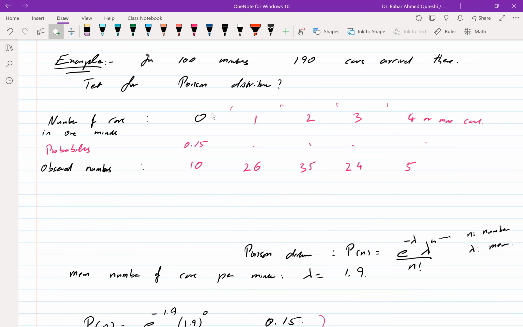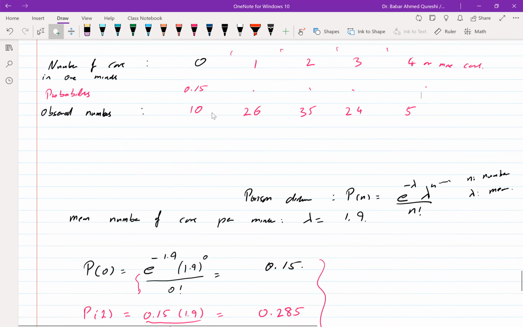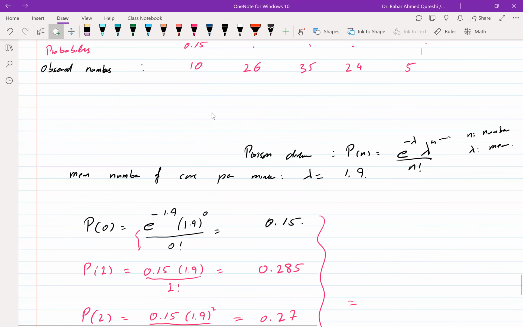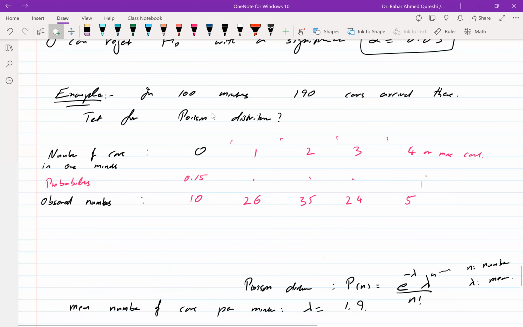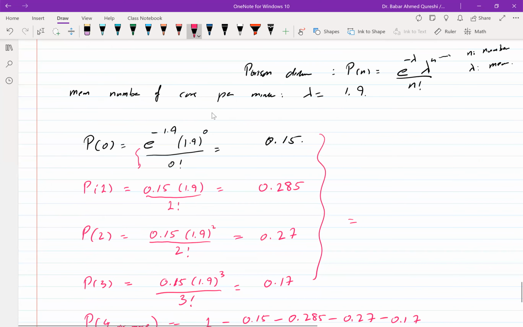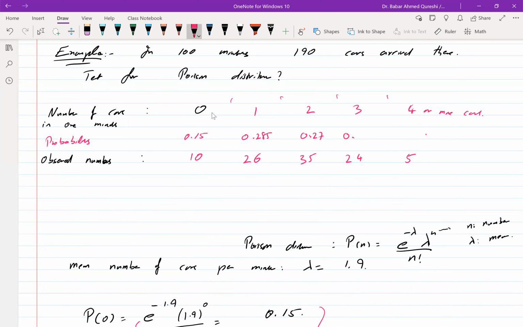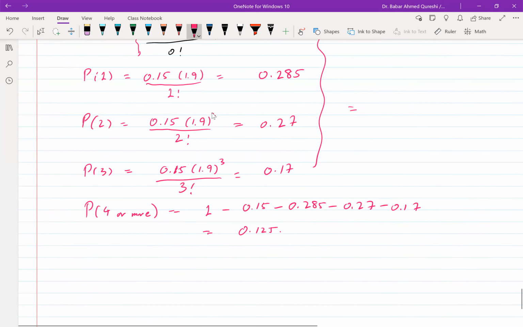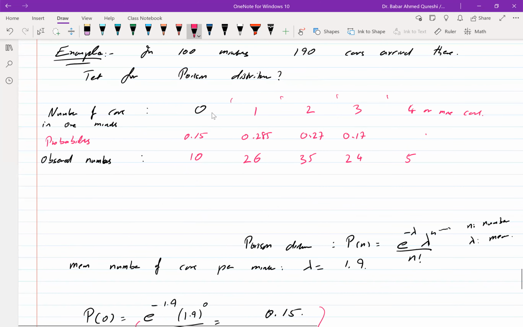Okay. So I have 0.15, 0.285, 0.27, 0.17 and 0.125.